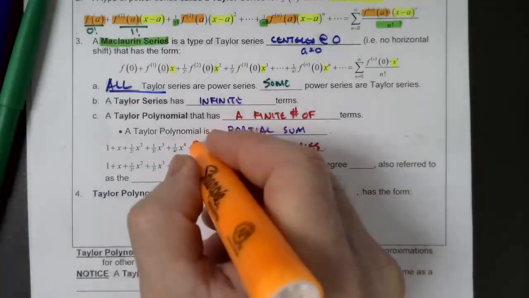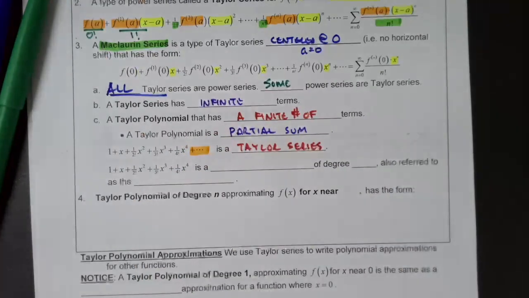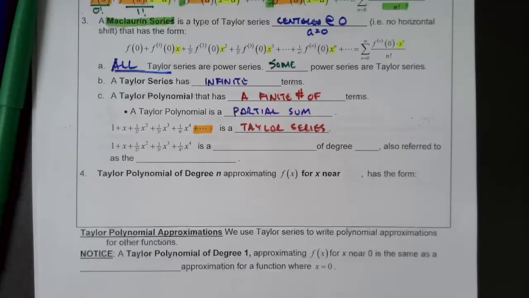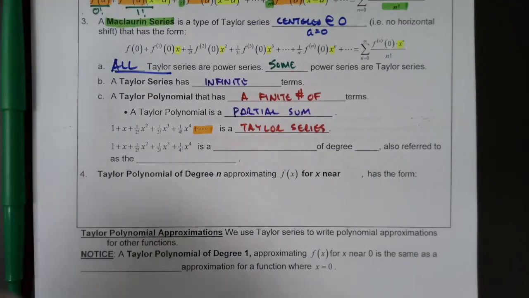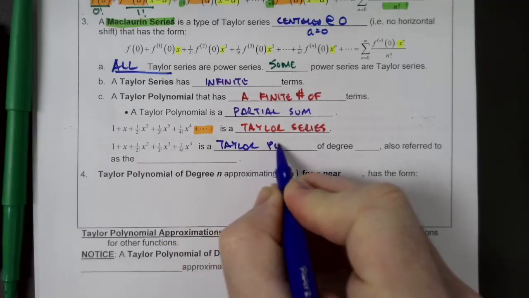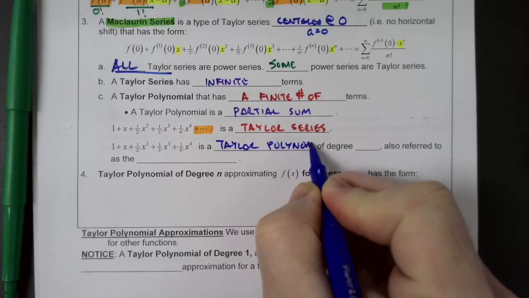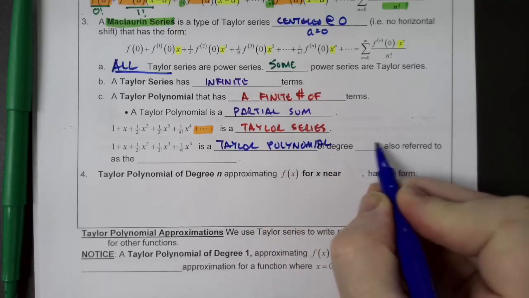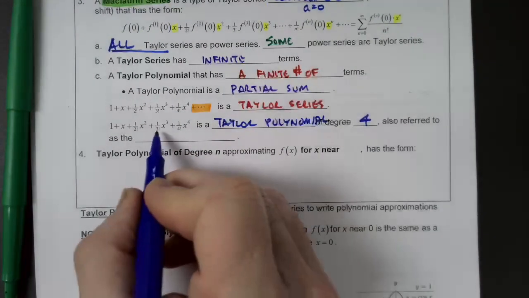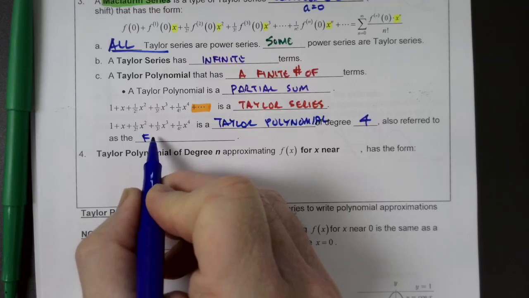Because you took the time to put the plus dot dot dot. If you don't take the time to put the dot dot dot, you either made a mistake or you were answering this and saying that this is a Taylor polynomial of degree 4. It could also be referred to as a fourth partial sum.